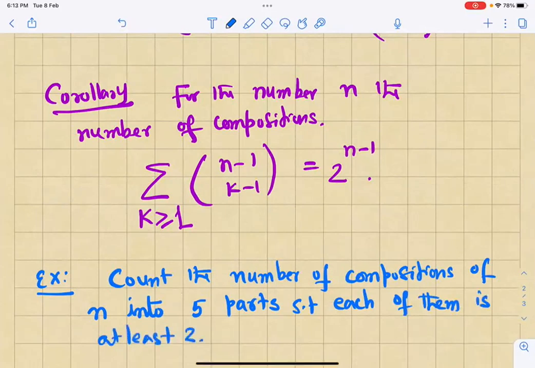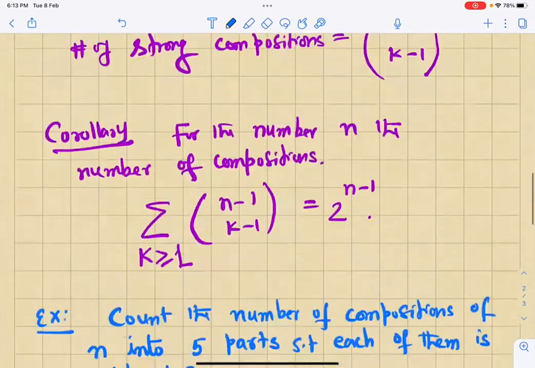This is like the argument someone just said: first you assign some balls and then use the weak principle. If you think around these ideas, you should be able to do this exercise easily. So this is an exercise that you try offline.